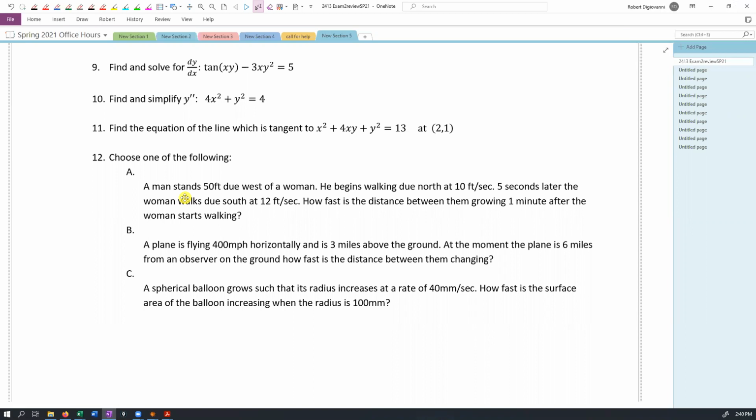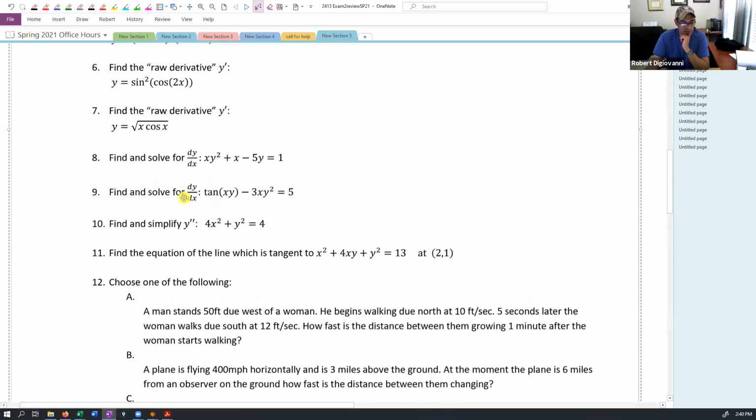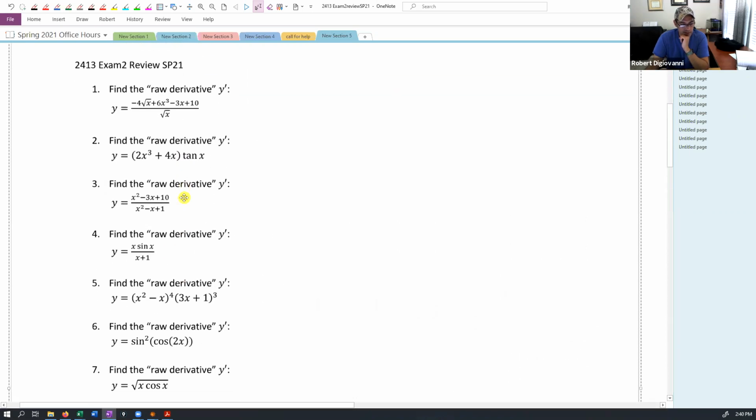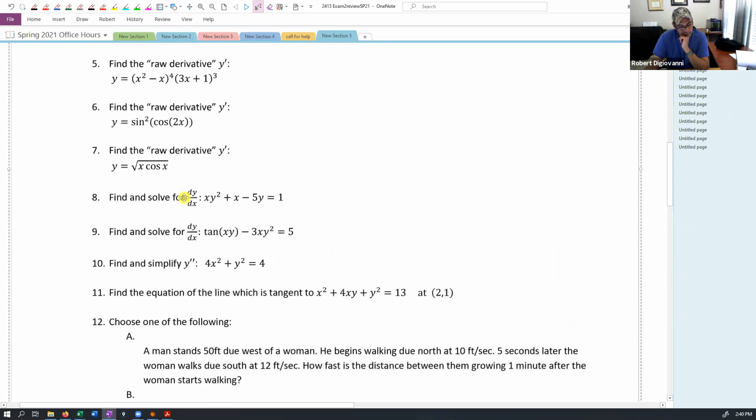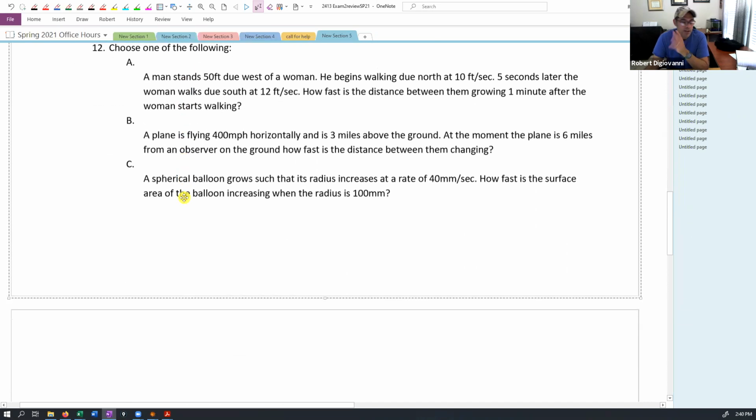Are we going to need a calculator for this test? I would have a calculator for sure. How many questions are going to be on the test again? I don't know, I haven't written the test. I think this review is probably similar in length. Look, these word problems can take 20 minutes, depending on how it goes for you.